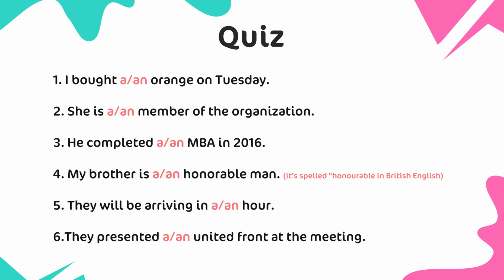Number 1 says, I bought a or an orange on Tuesday. Number 2, she is a or an member of the organization. 3, he completed a or an MBA in 2016. 4, my brother is a or an honorable man. 5, they will be arriving in a or an hour.